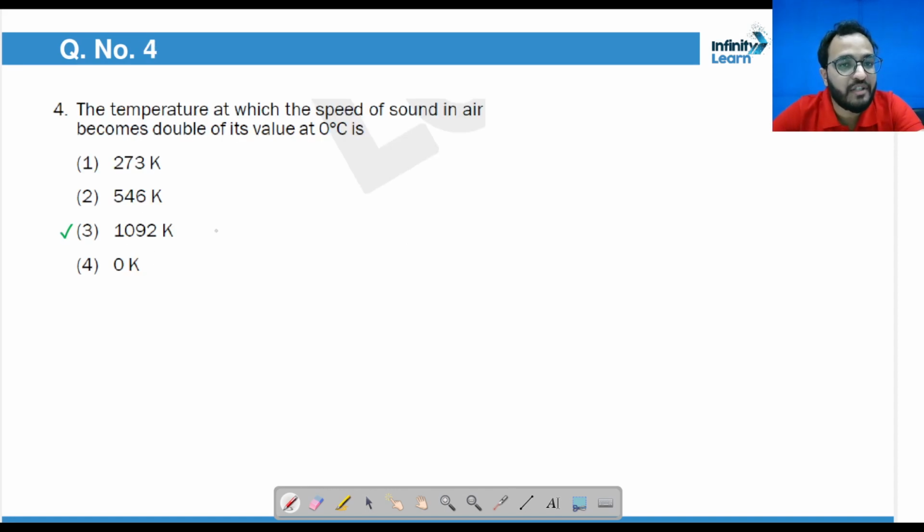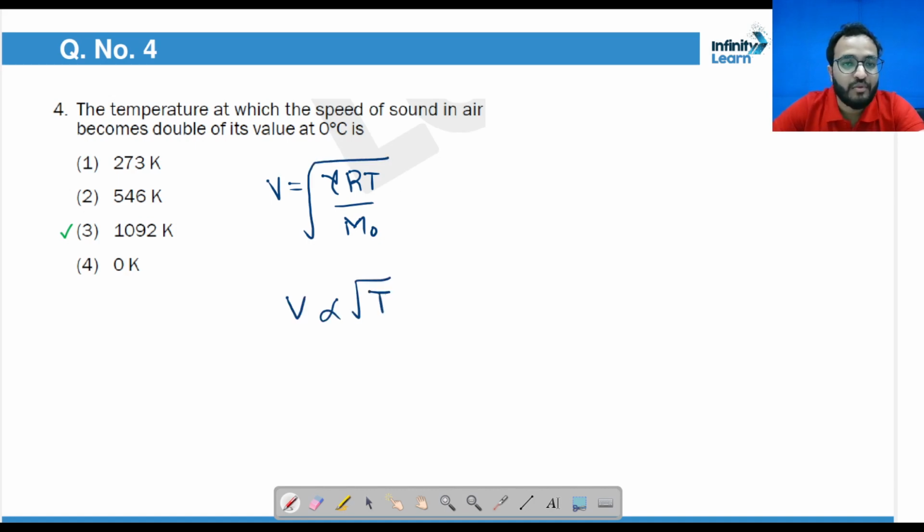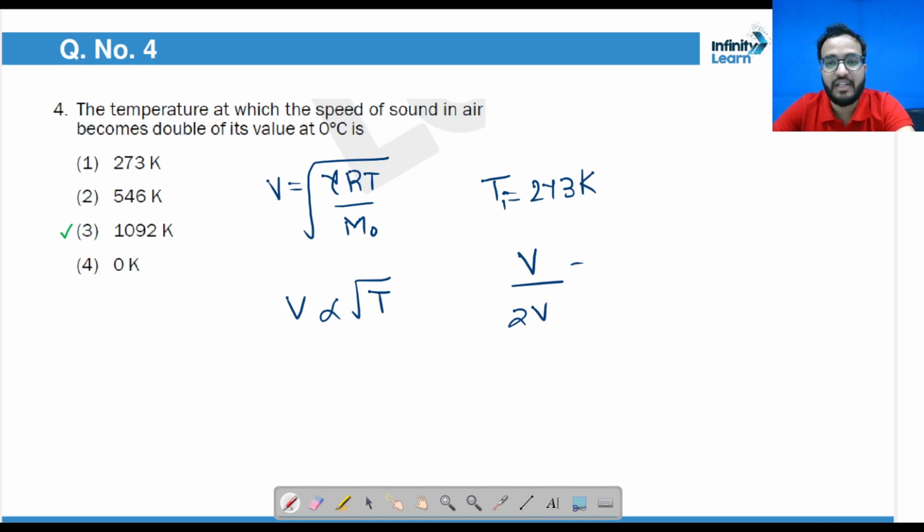The temperature at which the speed of sound in air becomes double. What is the formula for speed of sound? It is root of gamma RT by M naught, so V is directly proportional to root over temperature. The initial temperature is 273 Kelvin, and if velocity needs to be doubled, V upon 2V equals root over T initial upon T final.